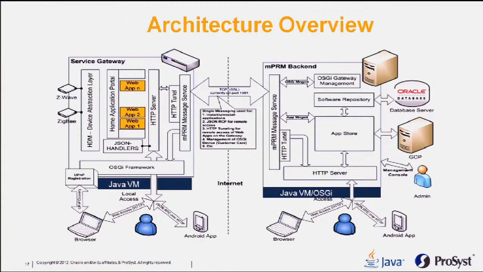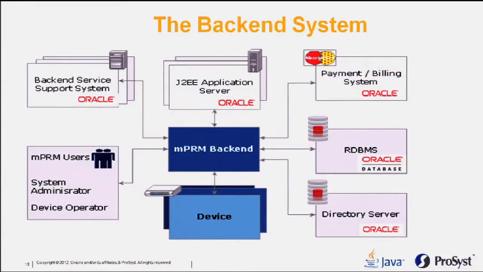And on the right-hand side, you see the administrator who can manage the functionality of the backend. Now, the backend system itself is very modular, consisting mainly of those components: the backend service support system, J2EE application server, payment, billing, as you can see.